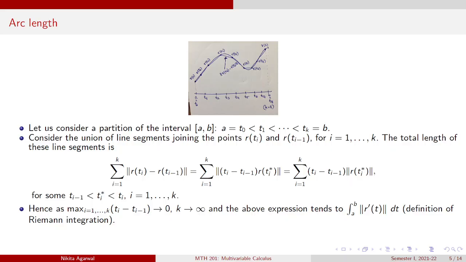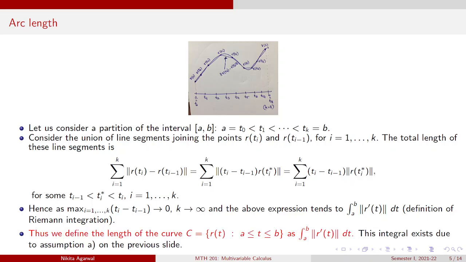And why is that the case? It comes from the definition of Riemann integration. In Riemann integration, you take each interval and multiply its length with the function at a point in the interval. There is the lower sum and upper sum, but there is also the kind where you take any point that you wish. So from Riemann integration, this converges to this integral as k goes to infinity.